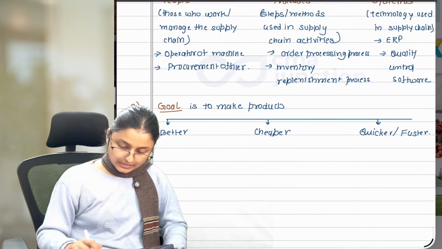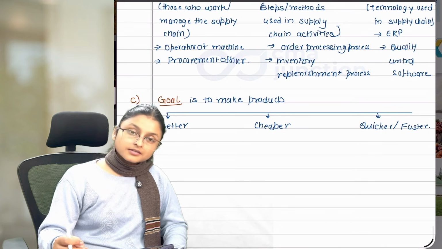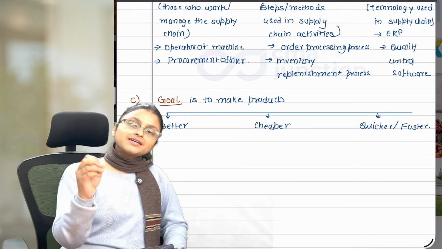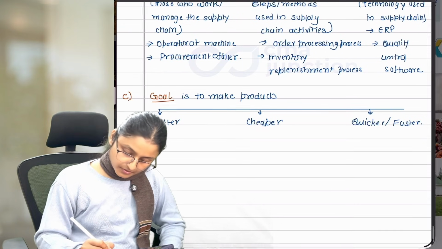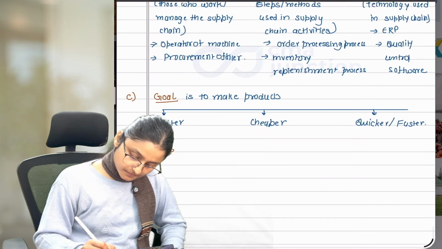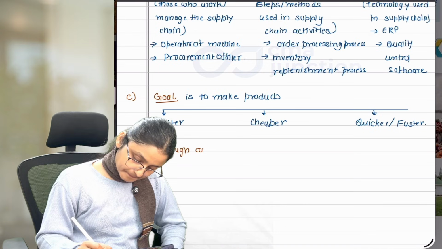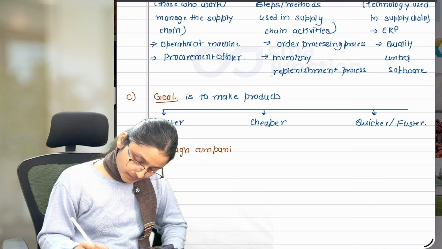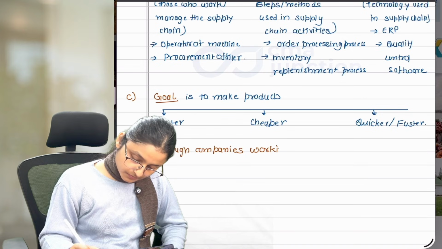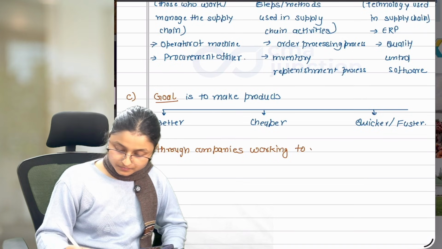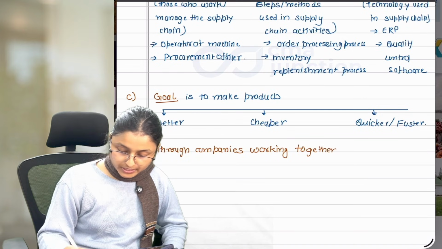Done. How will we achieve this? Through companies coordinating around the world, through companies working together in a coordinated way.